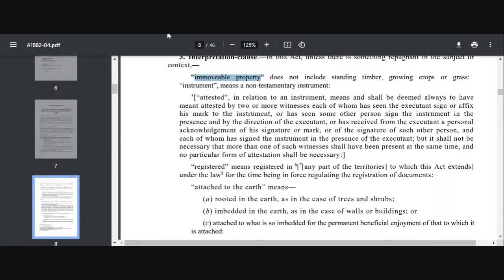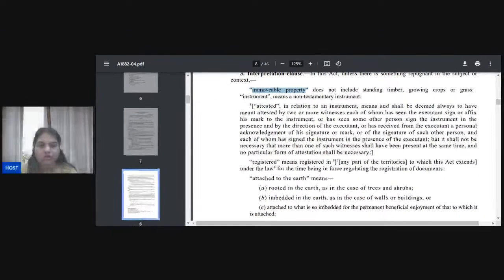When we talk of the TP Act, we are talking of immovable property. Immovable property according to the TP Act does not include standing timber, growing crops or grass. So standing timber, growing crops and grasses are movable property. Apart from that, what does immovable property include?